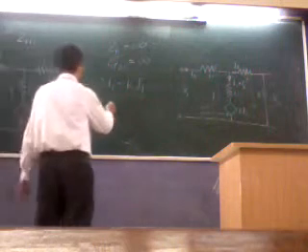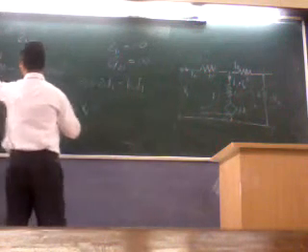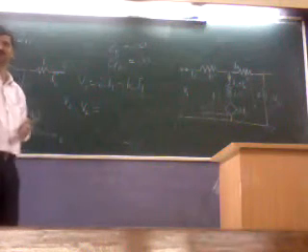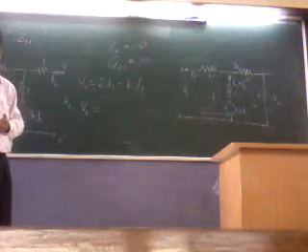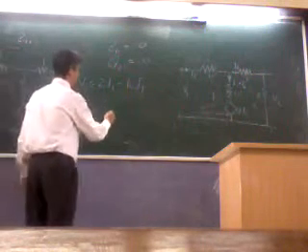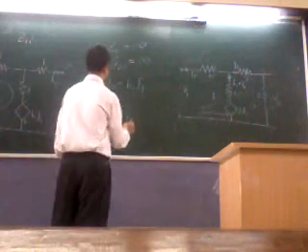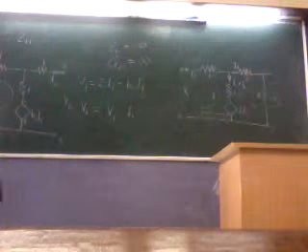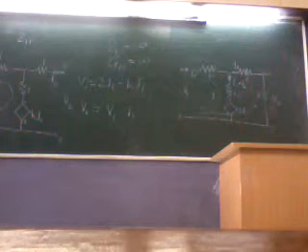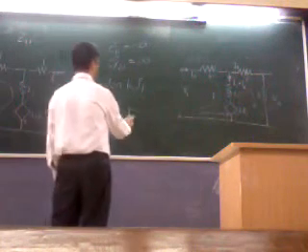So V2 is equal to V1 minus I1, right? It's so simple. V2 is V1 minus I1. So what is V2 upon V1? I1 will be expressed in terms of V1.